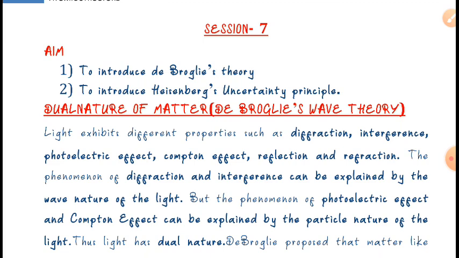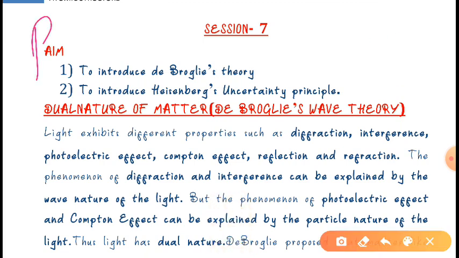Again, what Einstein told, while explaining the photoelectric effect with the help of Planck's quantum theory of radiation, is that light is composed of massless particles which are called photons.